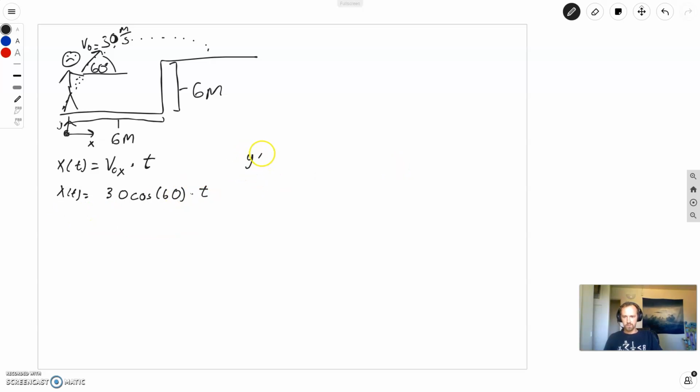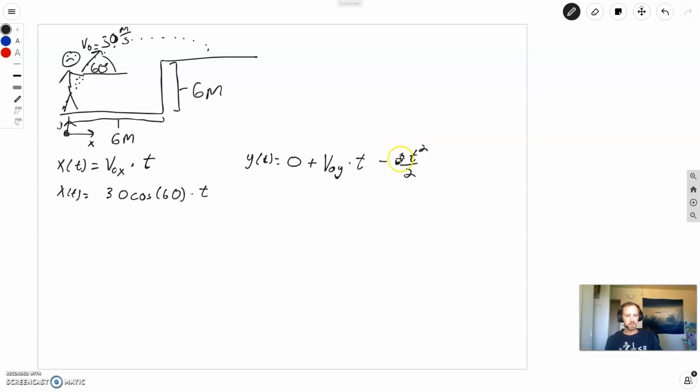Now let's do the same thing for y of t. So where I've set my origin, y of t is starting at 0. And then it's going to be plus v naught in the y direction times time. And then, of course, minus gt squared over 2.